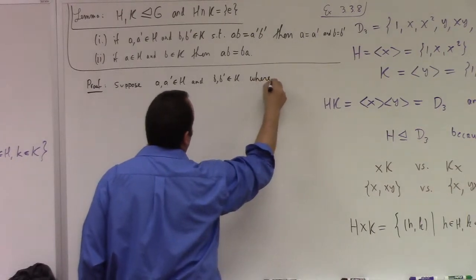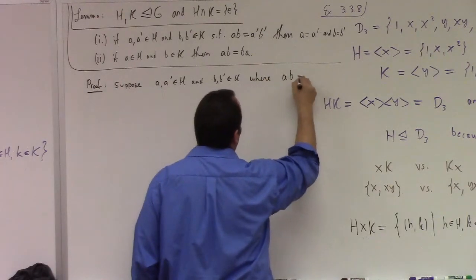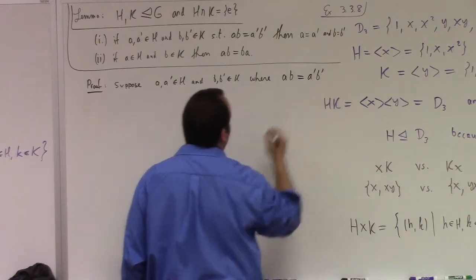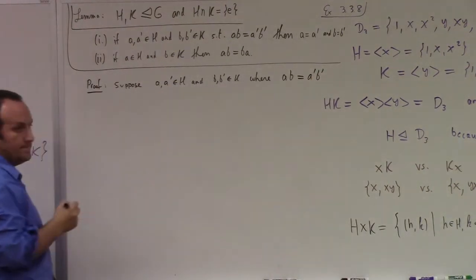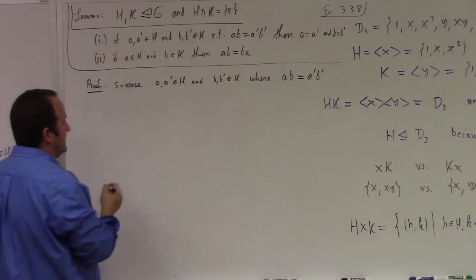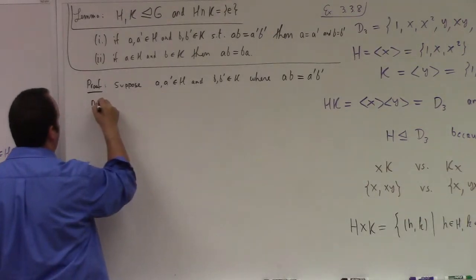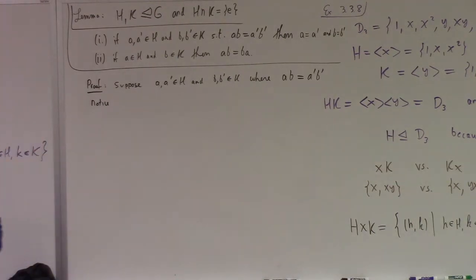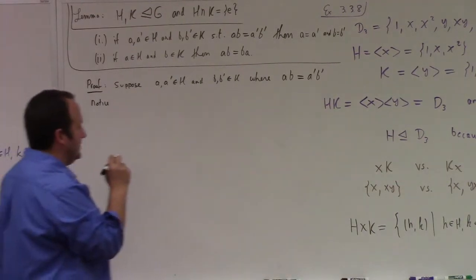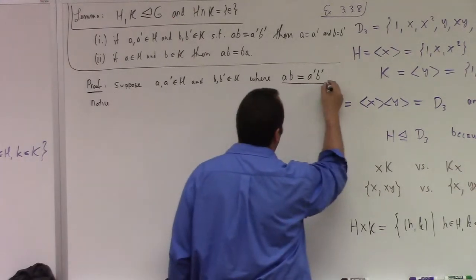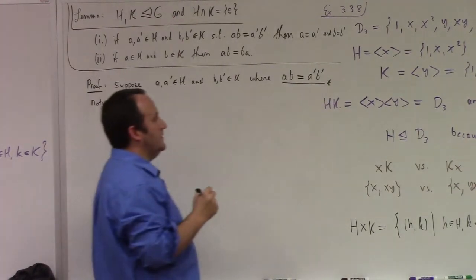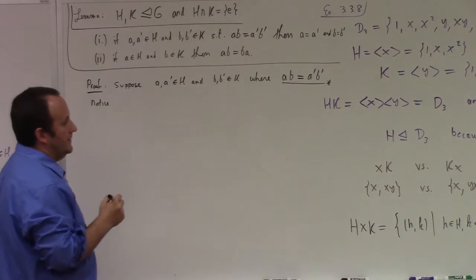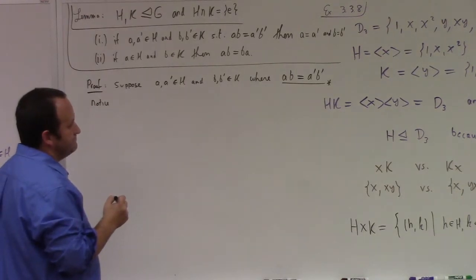Where, what else do we want? ab is equal to a'b', right? Let's see here, how can we work with this? If I take the expression that I'm given, and let's say, I'm trying to think what I want to do here.